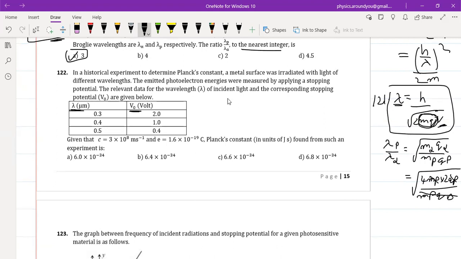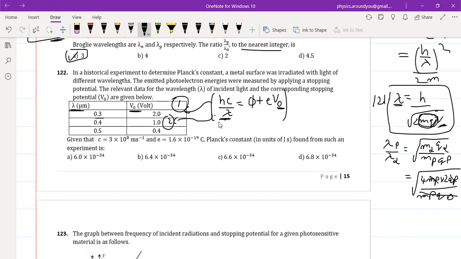How do I get that? Einstein's photoelectric equation again. hc by lambda is equal to phi plus eV naught. I will apply this equation once for this set of data, and I will apply the same equation once for the second set of data, where lambda 1 would be 0.3 micrometers and V naught would be 2.